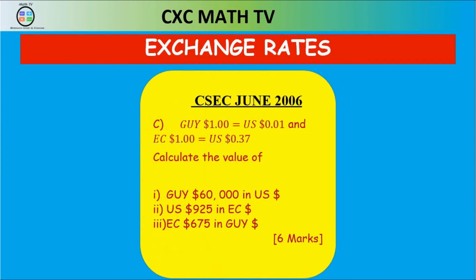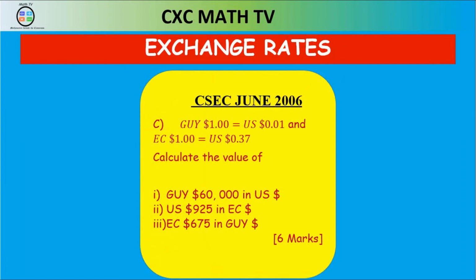All right, so this one is taken from a past paper question. This is from June 2006. This is CSEC Mathematics now. So it says Guyanese $1 is equal to US $0.01 and EC $1 is equal to US $0.37.